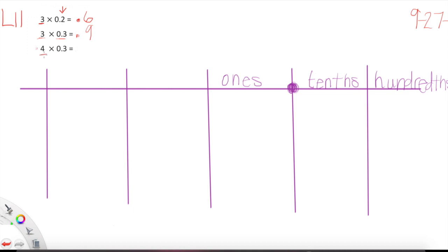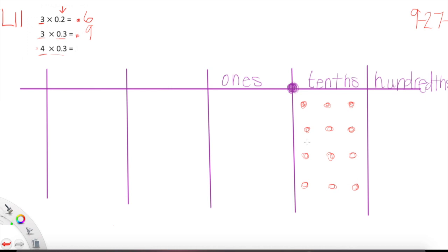We are going to take a look at this final one here. We are looking at 4 copies of 3/10. So let's first look at our 1, 2, 3/10. And then I need 4 copies, or 4 rows, of 3/10. We have 1, 2, 3 in each row, and then we have 4 rows.